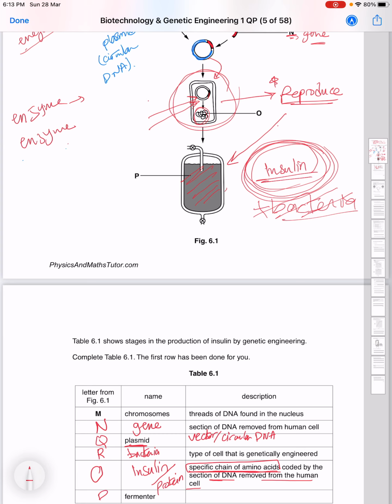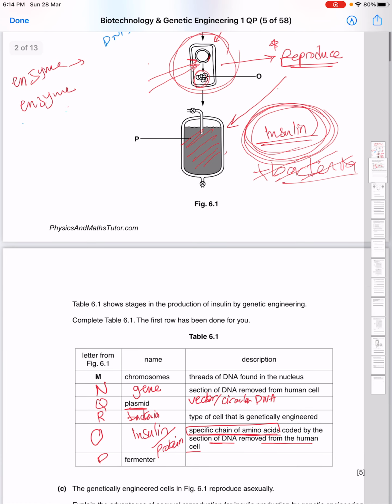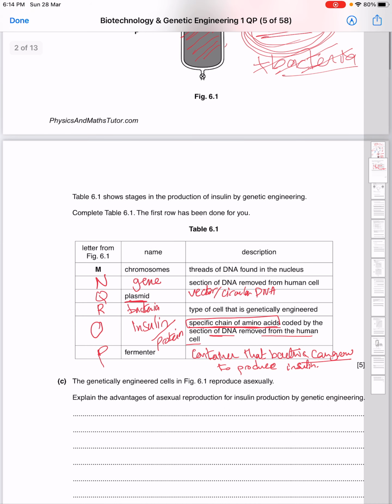It's P. The fermenter is a big container where bacteria can grow inside. So I'm going to write P. Why do I need this bacteria to grow? To produce insulin. I hope this genetic engineering process was clear for you.